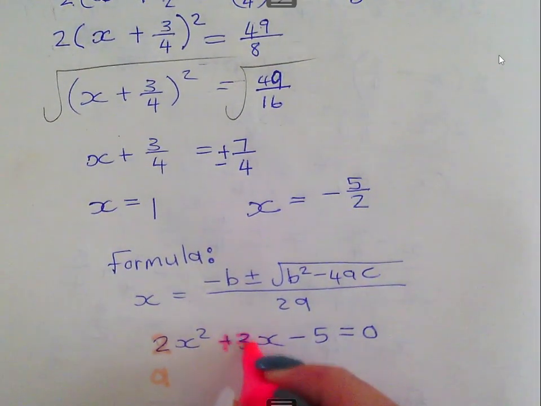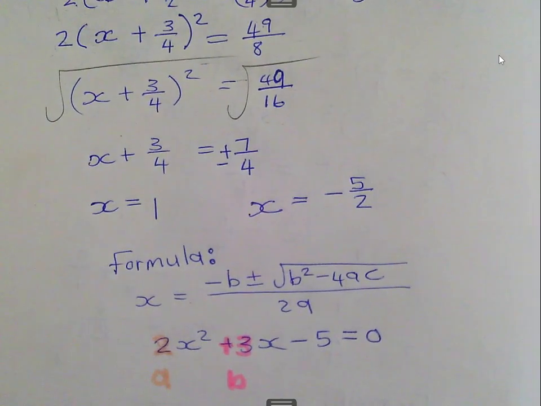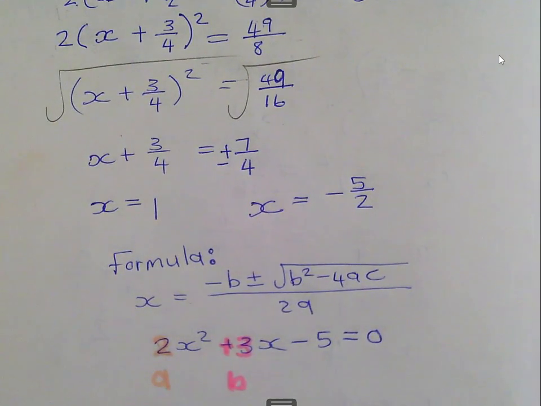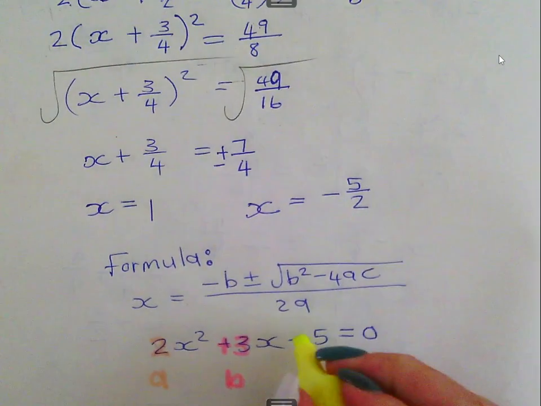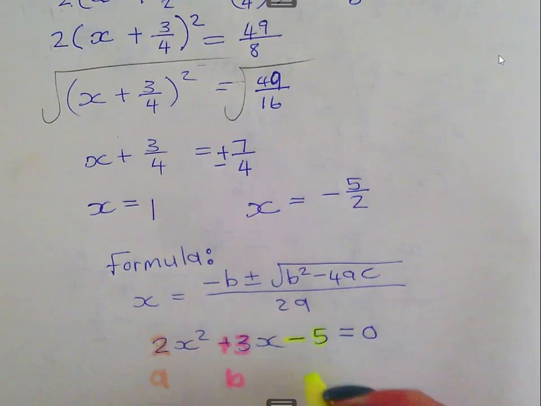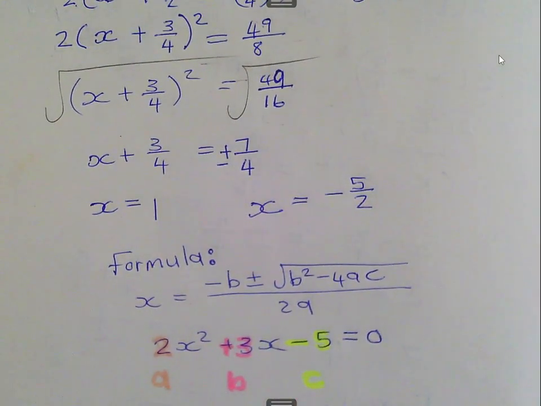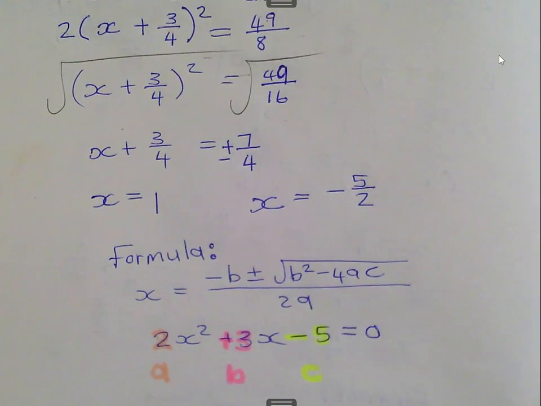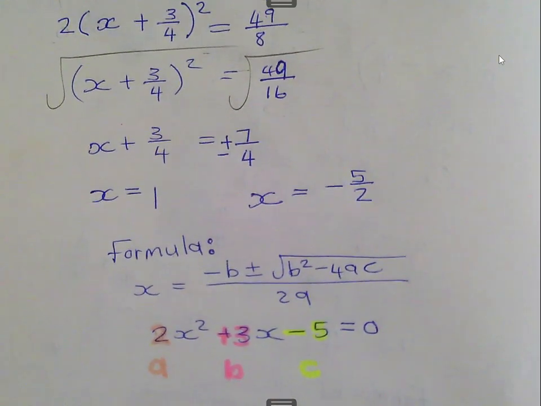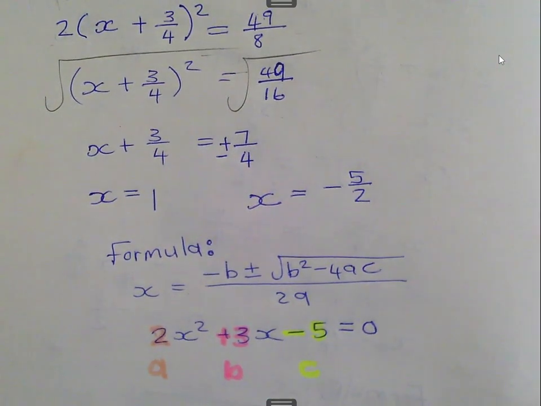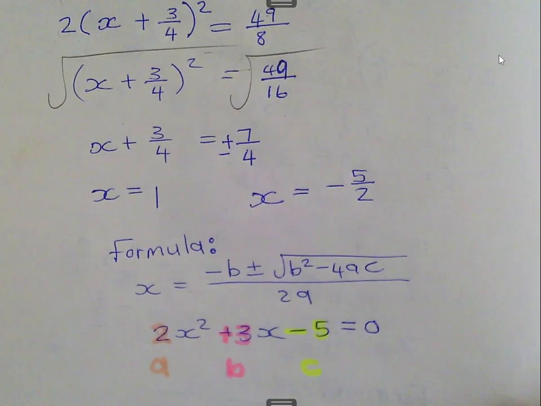This is B, the sign and the number. This one is C, the sign and the number. Okay, let's see if you can substitute it in quickly. I will also do it, but I want you to try it yourself.